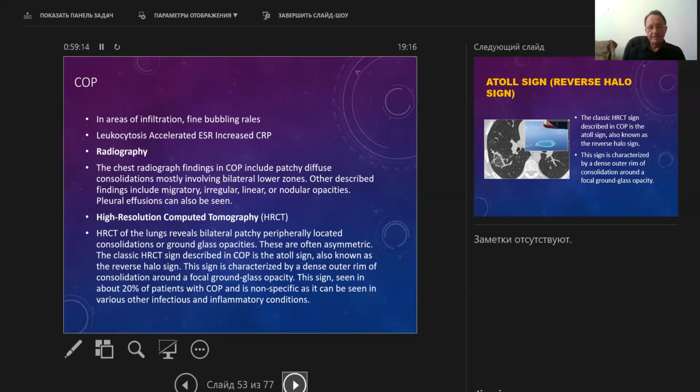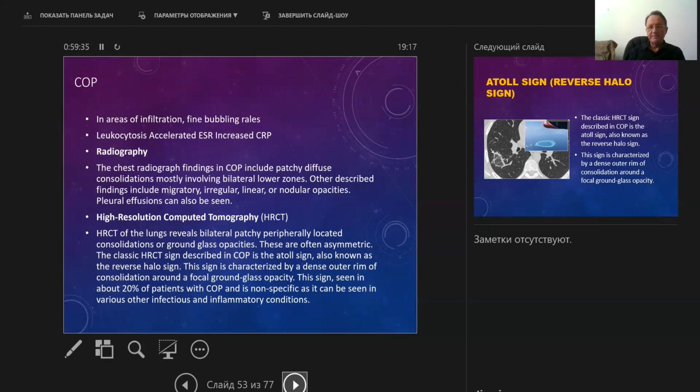The chest radiograph findings in COP include patchy diffuse consolidation, mostly involving the bilateral lower zones.